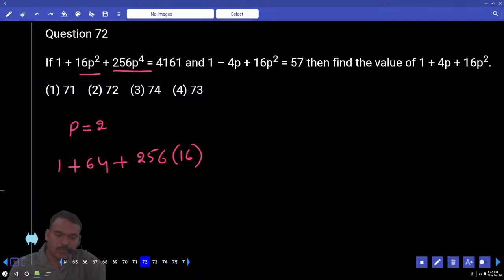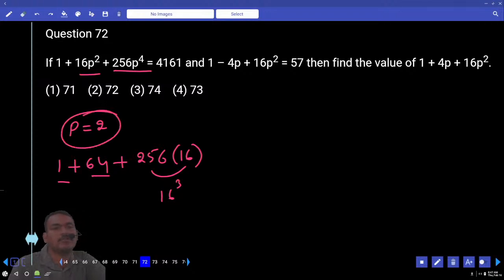Okay. 256 into 16 means it is 16 cube. What is the 16 cube? 4096 plus 64, 4160 plus 1, 4161 or not? Means P must be equal to 2 or not?